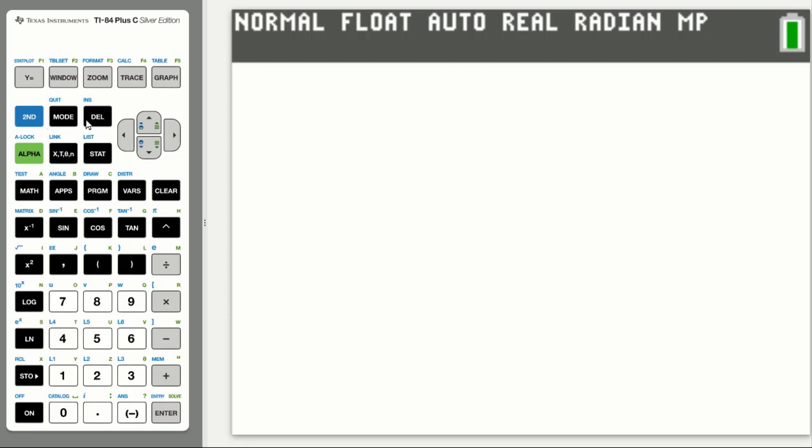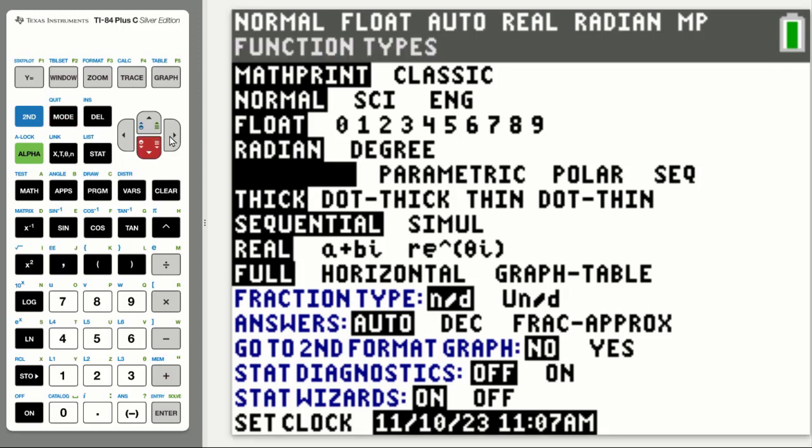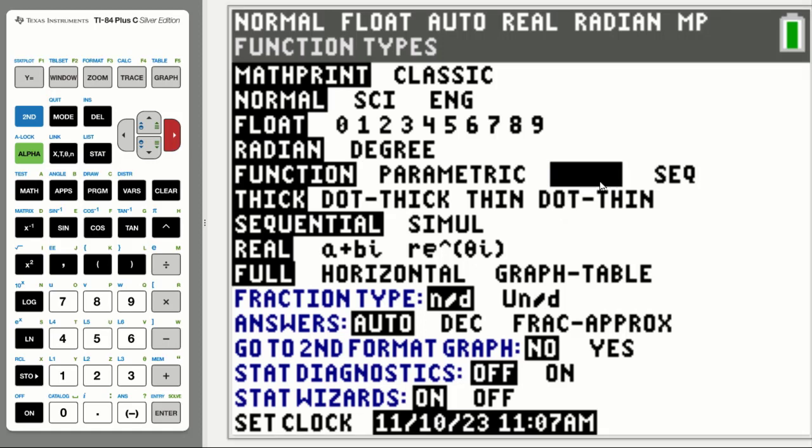First, with your TI calculator, we need to adjust a couple of settings before we can get the graph. So we go to mode, and right now on my calculator, it's indicating function mode. So we scroll down to that and change it over to polar coordinates. Left and right arrows change between the different options.